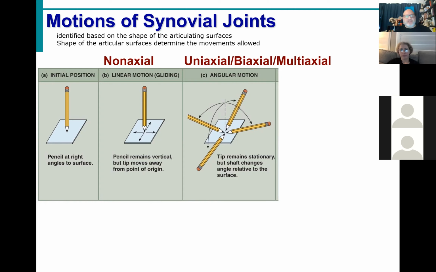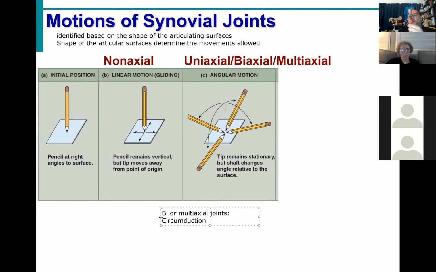That type of motion is what we call a circumduction. So anything that is bi or multi-axial is capable of circumduction.